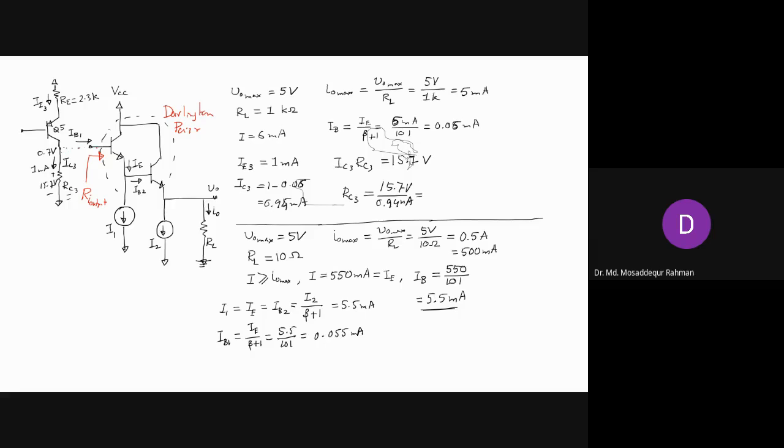So the current needed is very small, and this stage now will easily support that current. And also the Darlington pair has a very high current gain, right? So mostly this has to be a power transistor.